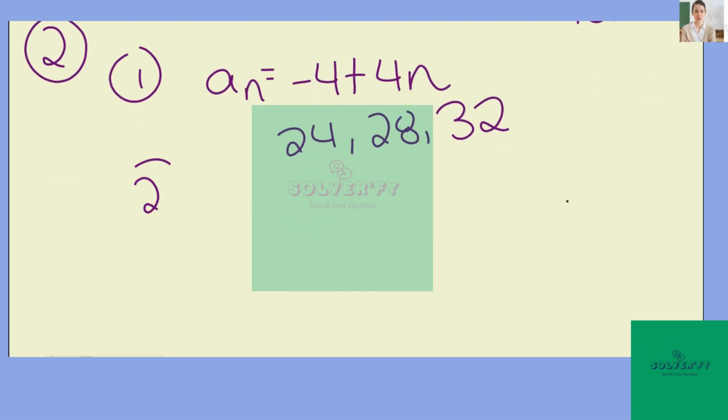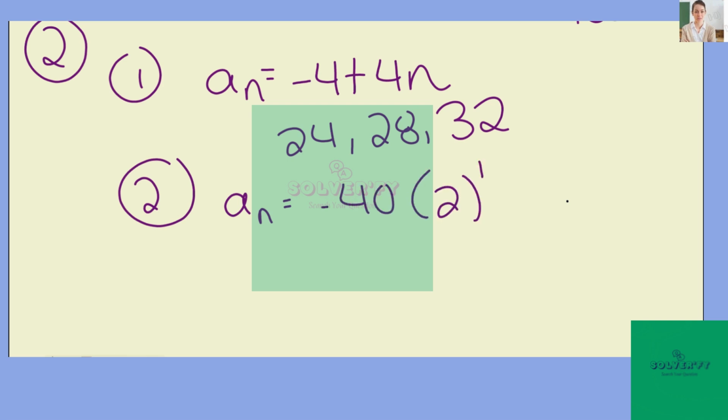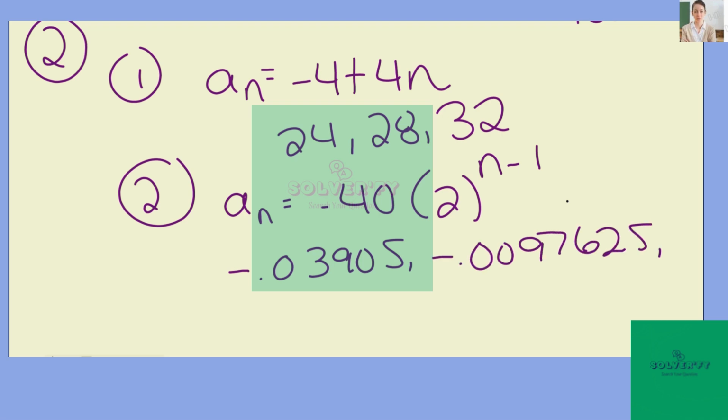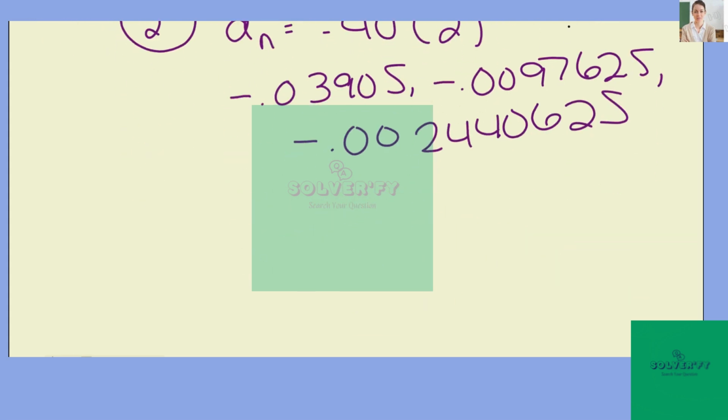For the second sequence, our rule would be that a of n is equal to negative 40 times 2 to the power of n minus 1, and our next three terms will be negative 0.03905, negative 0.0097625, and negative 0.002440625.